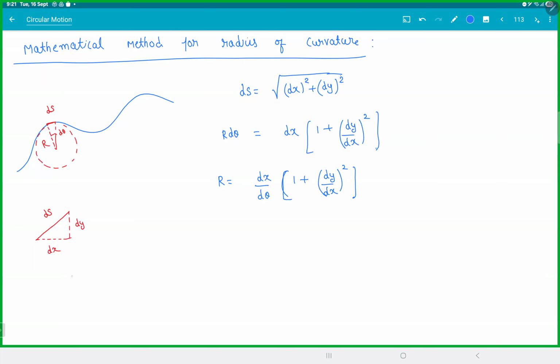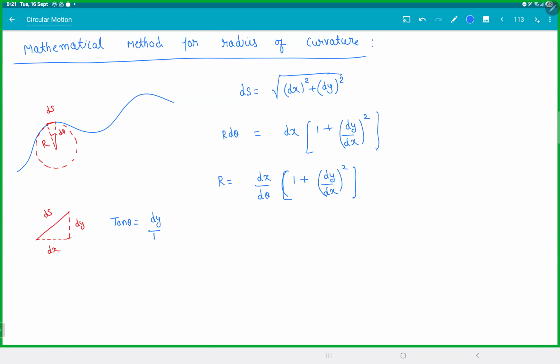But we already know tan theta, that's your slope, is dy by dx. If you differentiate on both sides with respect to x, we get sec square theta d theta by dx. It's more of a maths thing.